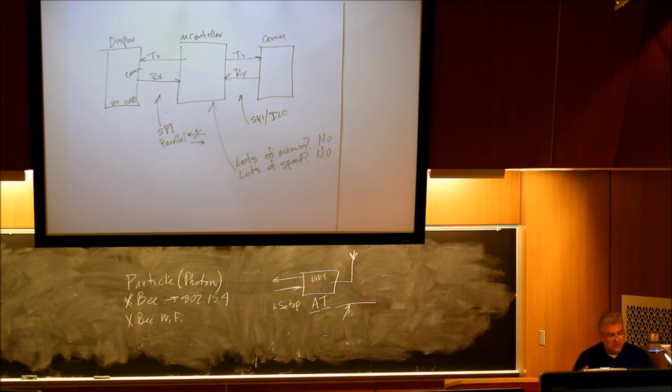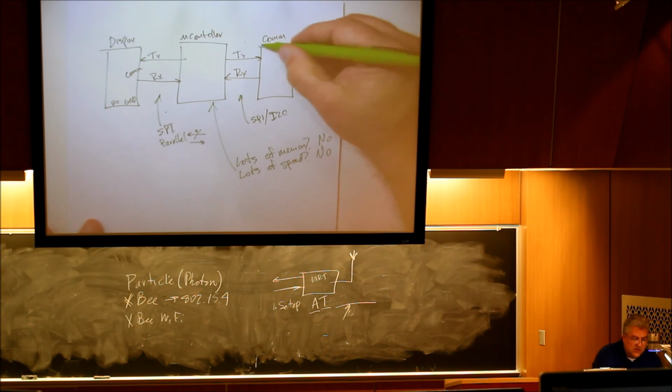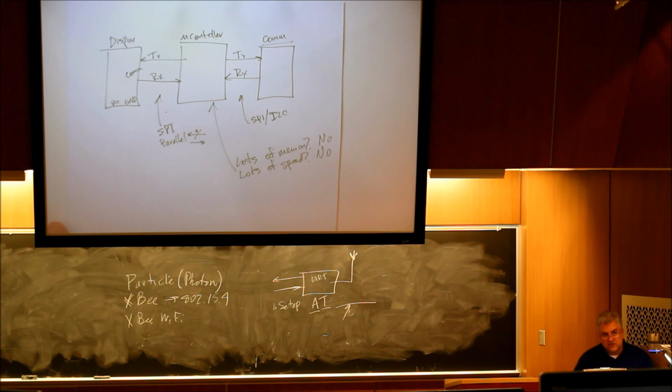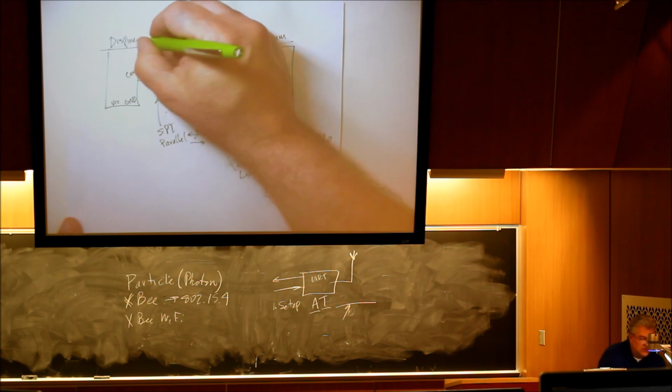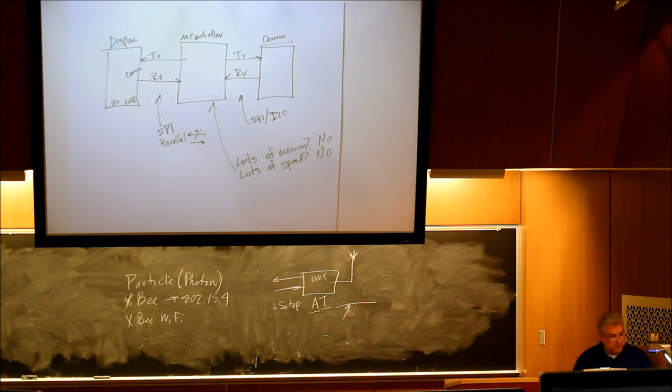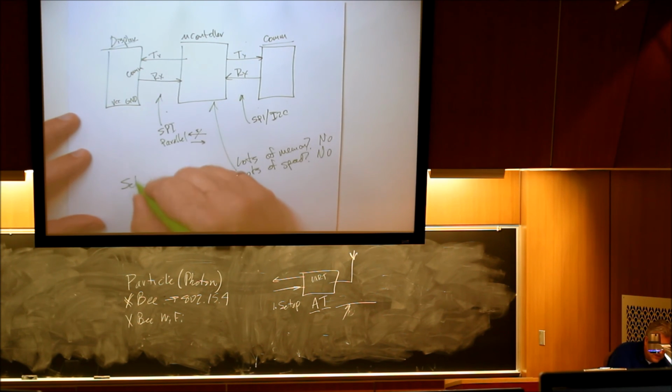So a lot of this will depend on what you need to feed your communications and what you need to feed your display. So in the process, you need to select your display. You need to select your communications device. That will also help you select, if needed, your microcontroller.